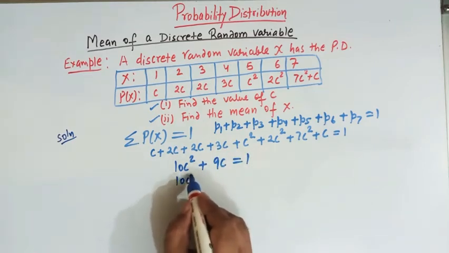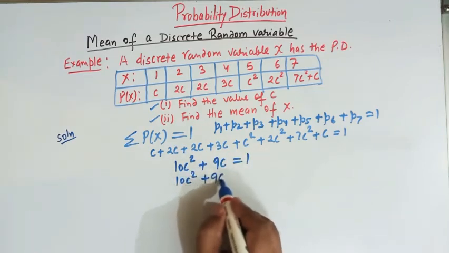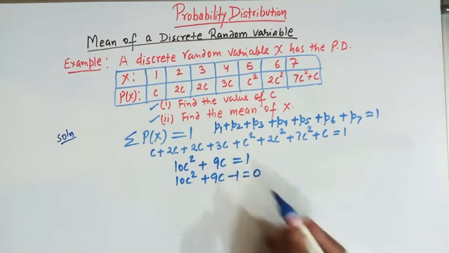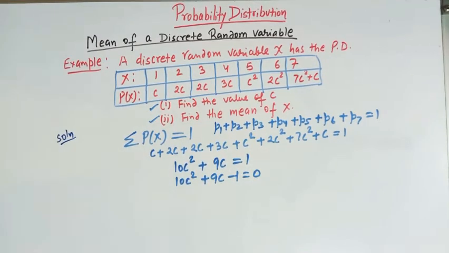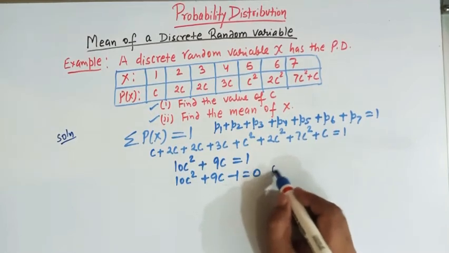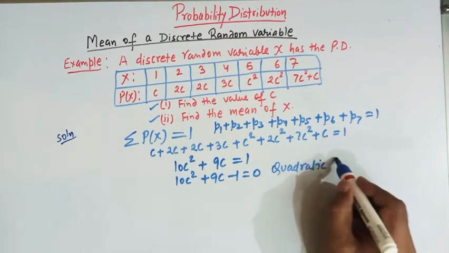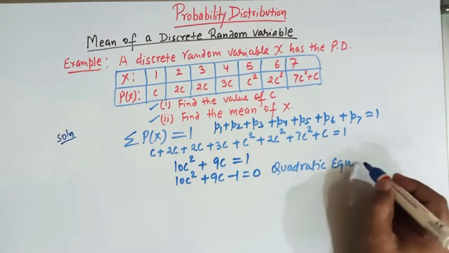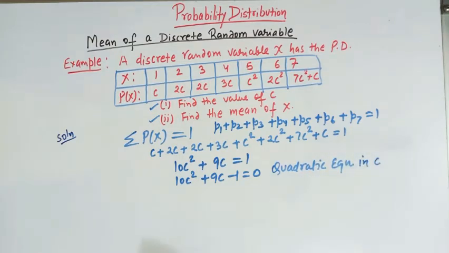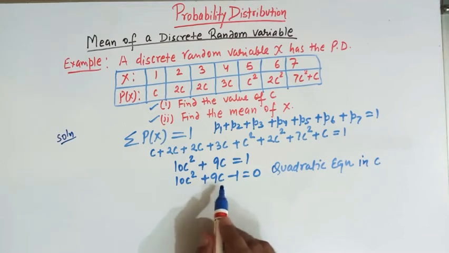So we have 10c square plus 9c minus 1 is equal to 0. Now this is a quadratic equation, right? This is a quadratic equation in c, and we can solve it by factorization method.